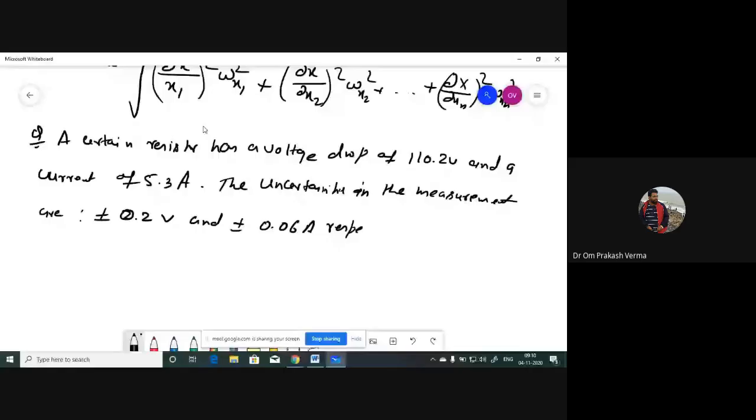So your target is to calculate the power dissipated in the resistor and the uncertainty in power.